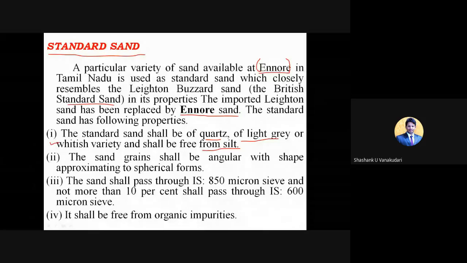All the grains of the sand should be approximately spherical in structure, and the sand shall pass the IS 850 micron sieve and not more than 10% shall pass through the IS 600 micron sieve.